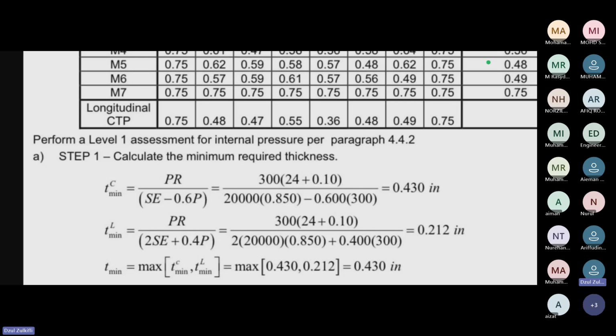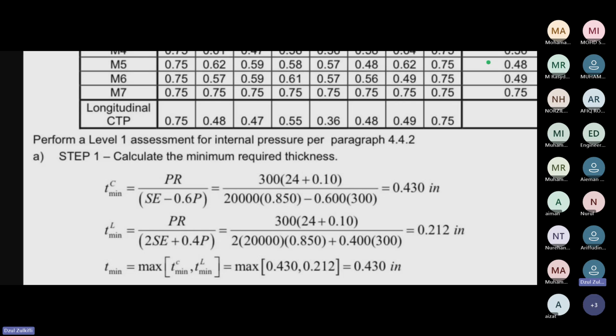You can just copy or take note of the thickness that is recorded here. You can see that there's a TC and TL value here. TC value is for internal pressure. TL is also for internal pressure. But basically, internal pressure in a pressure vessel works in two directions, simply put.